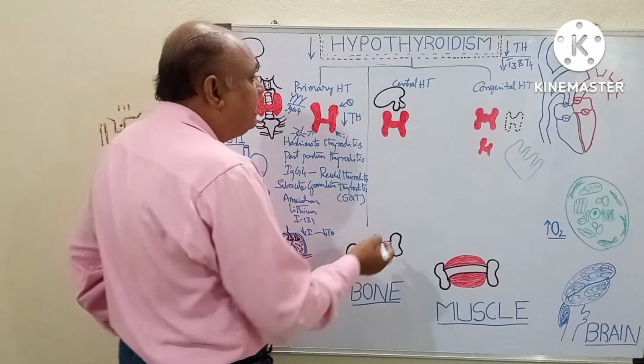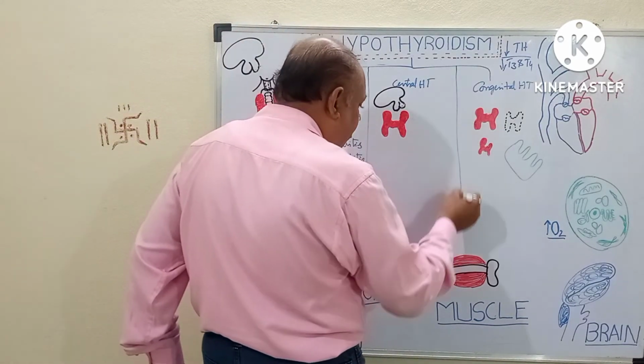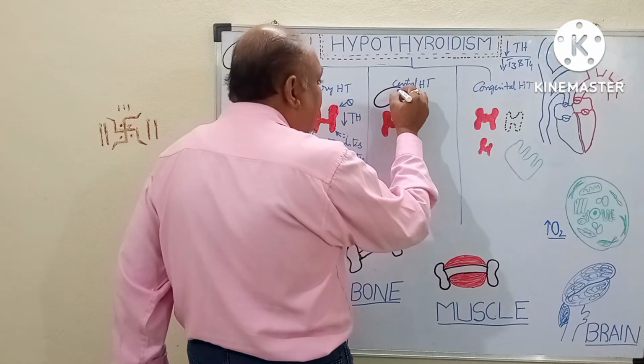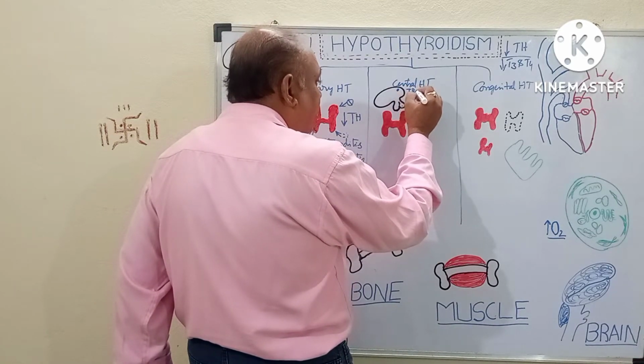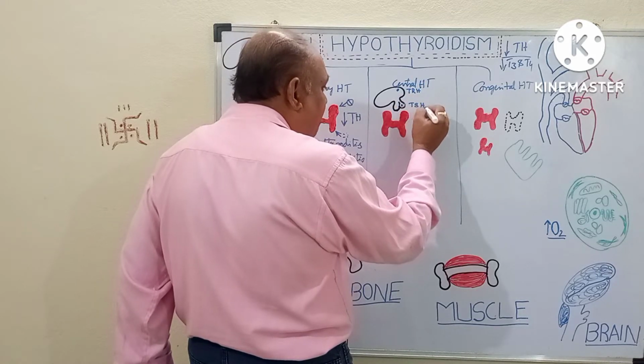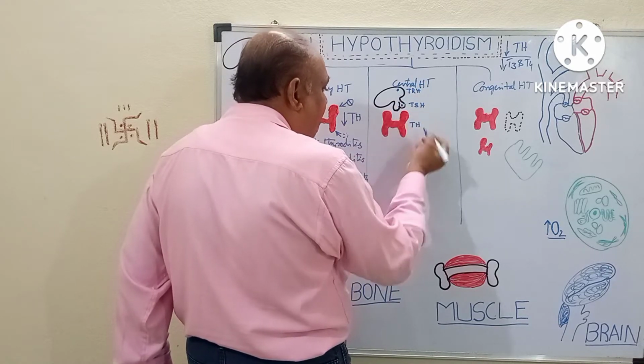Now let's see the central hypothyroidism. As we have discussed earlier, the hypothalamus secretes thyrotropin-releasing hormone, where the anterior pituitary secretes thyroid stimulating hormone, where the thyroid gland secretes thyroid hormone.